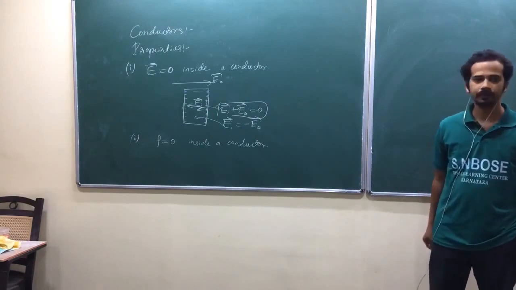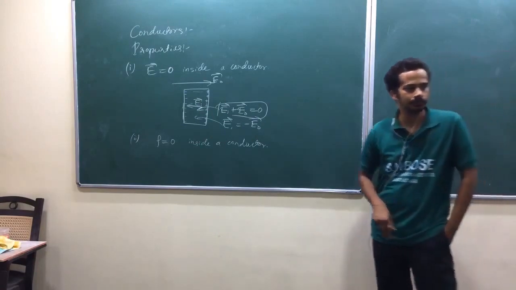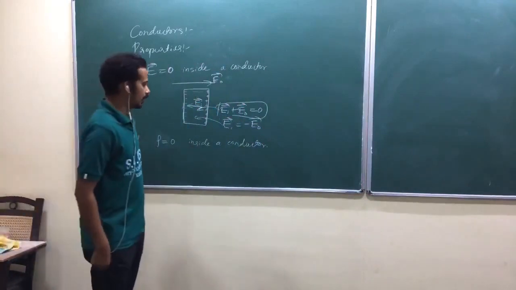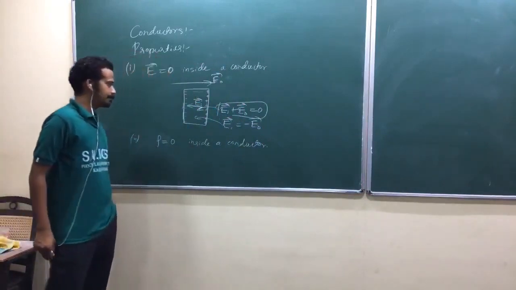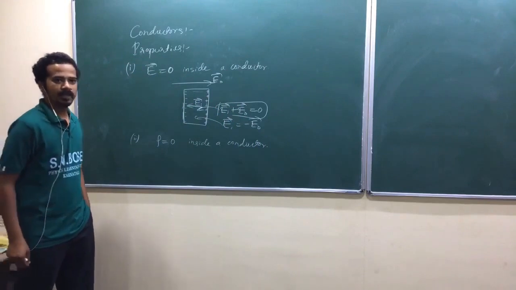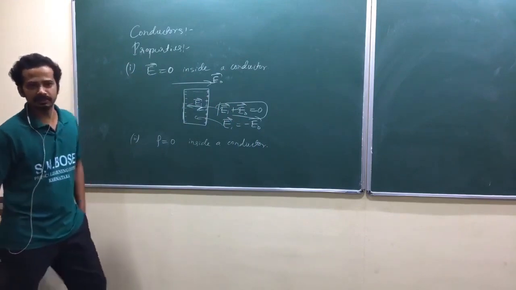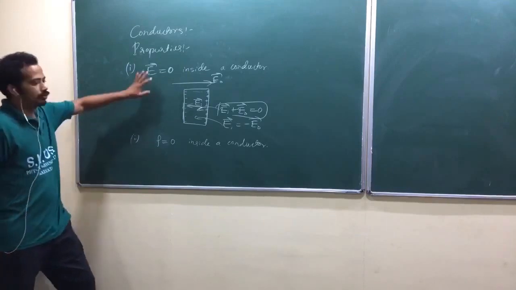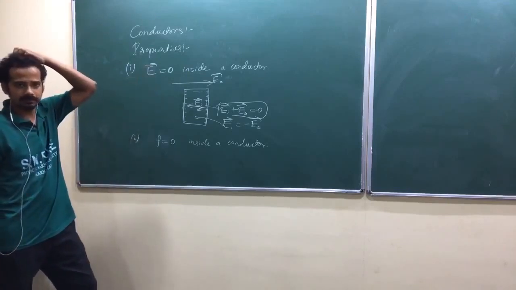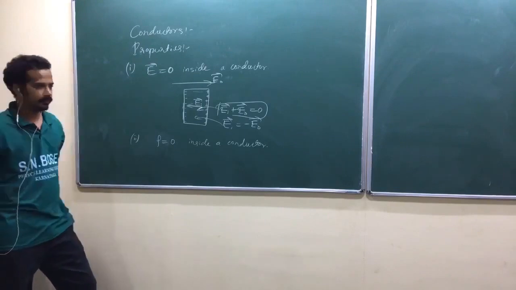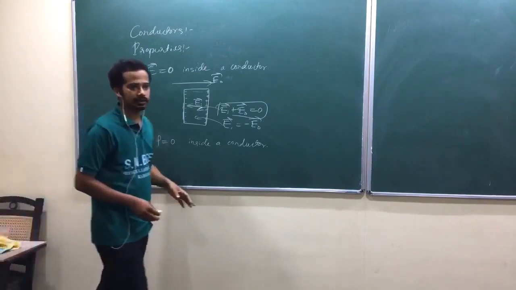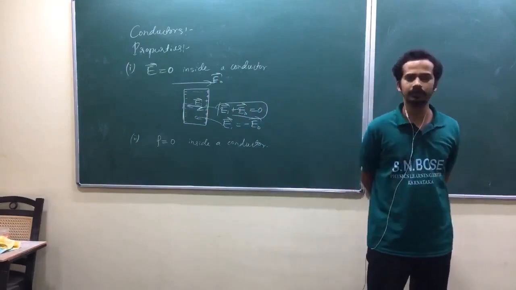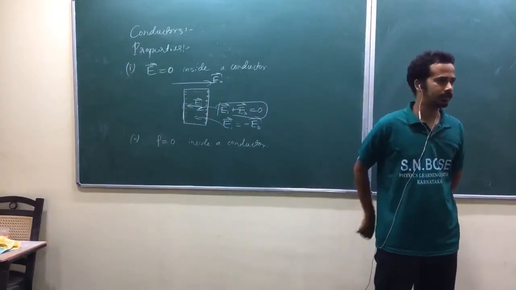How do you argue? If there are charges inside, then the electric field exists. No, don't use the electric field concept. If there exists charge density, it should be because of free charge carriers in the conductor, isn't it?